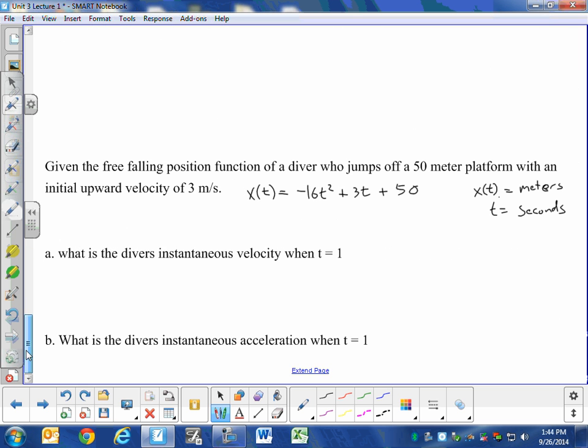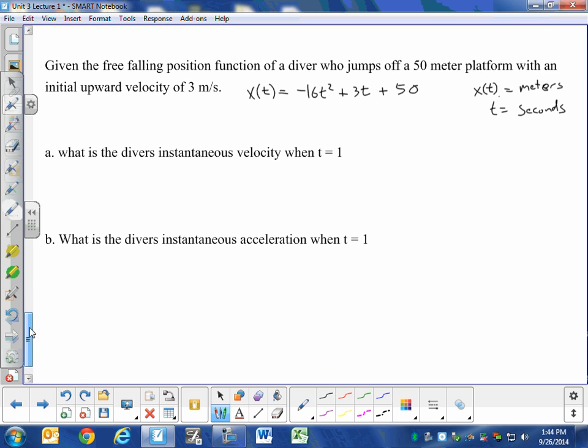All right? So we could have a quick question dealing with a position function. This is the free-falling position function of a diver who jumps off a 50-meter platform with an initial upward velocity of 3 meters per second. This is x of t. This is your position, where he's located, after t seconds.